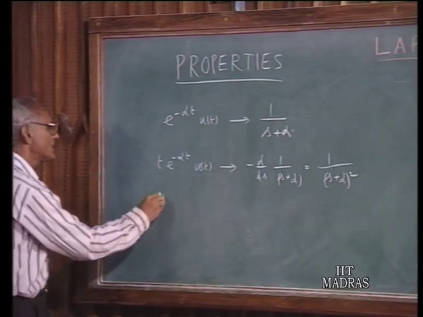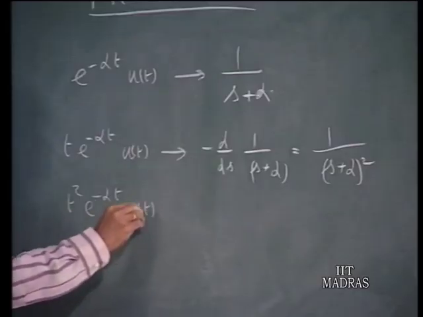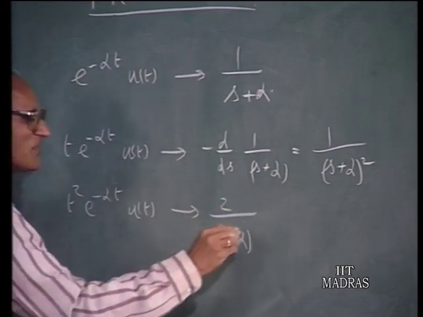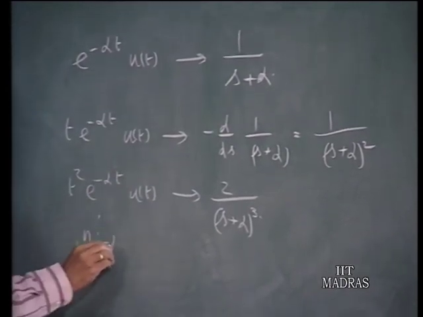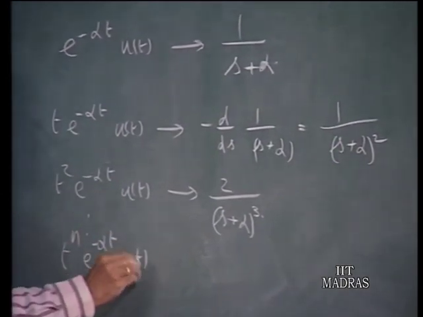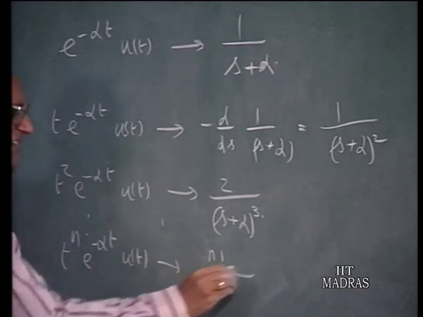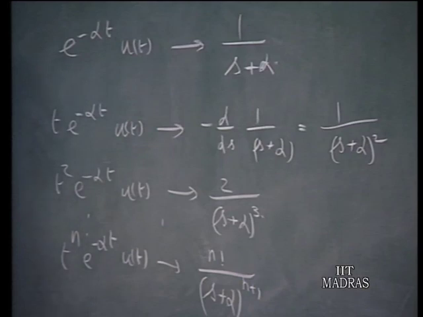And suppose I have t squared e to the power of minus alpha t u(t), then it can be shown that this is indeed 2 over (s plus alpha) to the power of 3. And in fact, as before, you have t to the power of n e to the power of minus alpha t u(t). You continue in the same fashion, you have n factorial over (s plus alpha) raised to the power of n plus 1. That is how it goes.